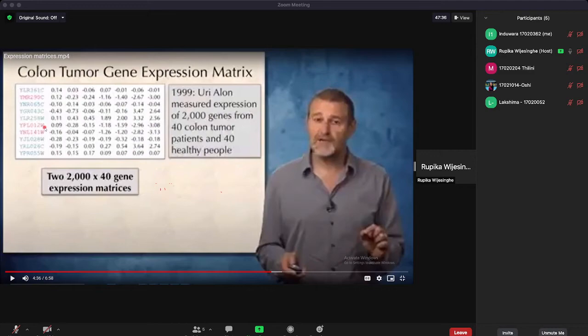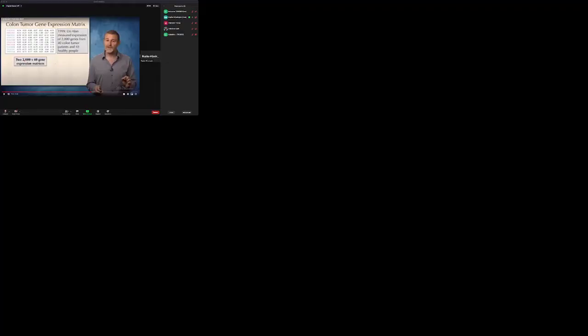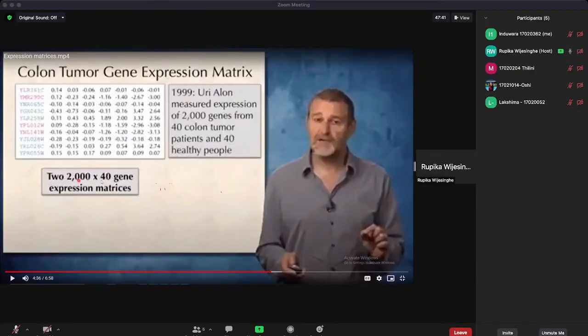That means one matrix is for cancer expression data and the other is for healthy.